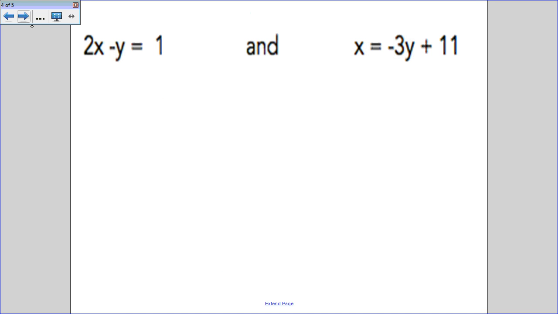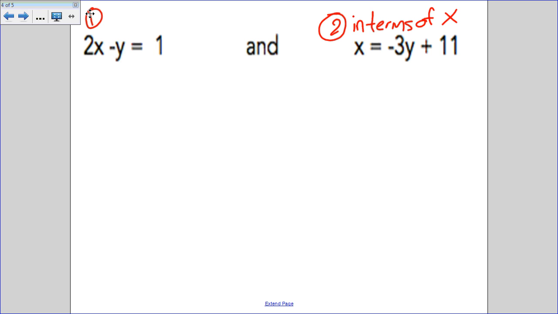All right, we have one last example that we're going to work through together before I let you loose. Which of my equations up here is solved in terms of a variable where it has 1 times that variable equals everything else? Good, it looks like our second equation here is solved in terms of x this time. So I need to substitute this into my first equation for x.